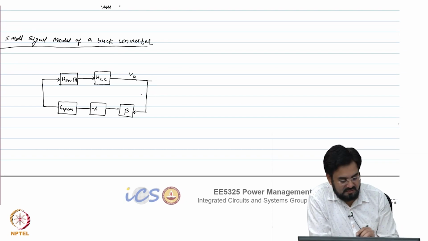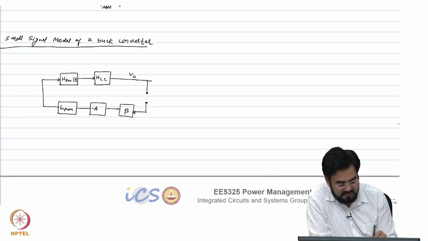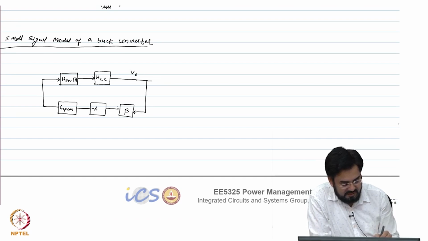Okay. So what will the loop gain transfer function be? If we break the loop here, or let me just draw a new figure for this. So this is your closed loop small signal, and let me do this.